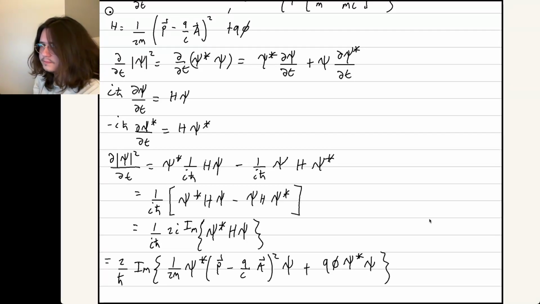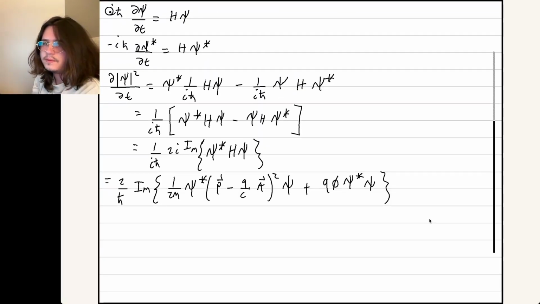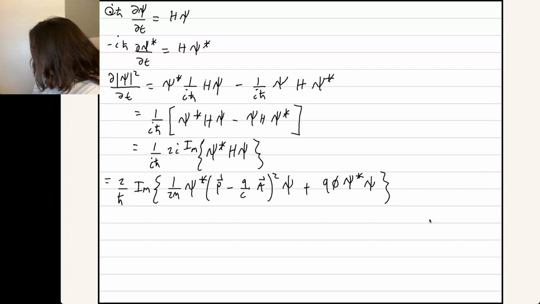q phi isn't like an operator or anything, so you can just move the wave functions around like that, and it won't really even have an imaginary part at all. So going forward, we won't even worry about it. What is worth doing is expanding the square between the psi star and psi and the other part, and factoring out 1 over 2m.